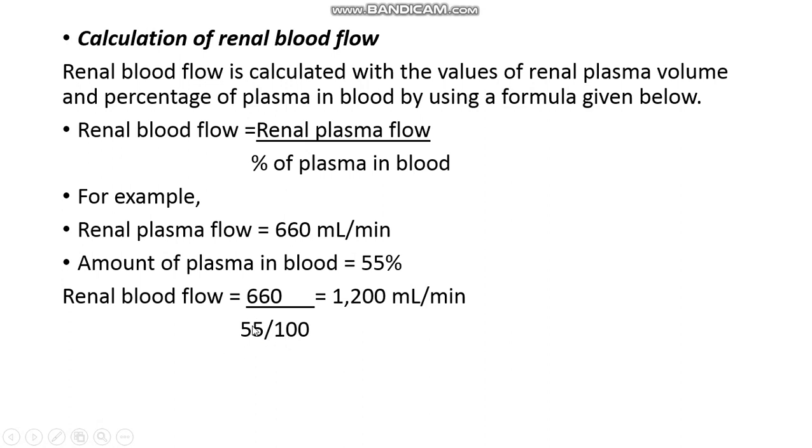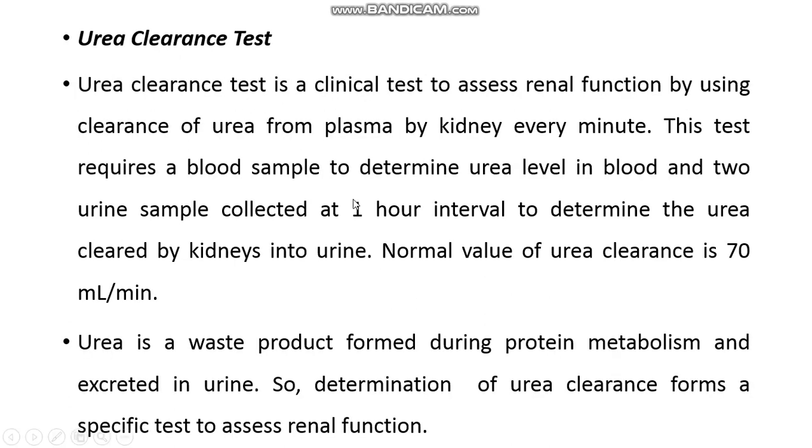Then renal blood flow will be 660 divided by 55 percent. So we should convert it into decimal form, that is 55 by 100. 55% means 55 by 100. By solving this, we will get the answer as 1200 ml per minute. So that is the renal blood flow.